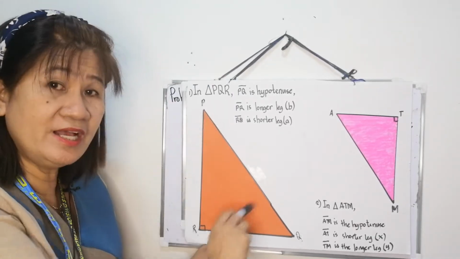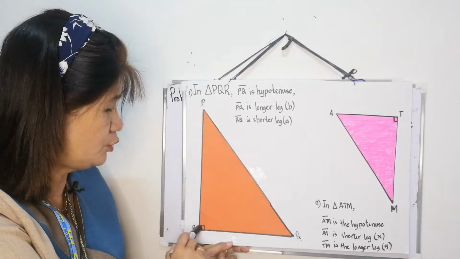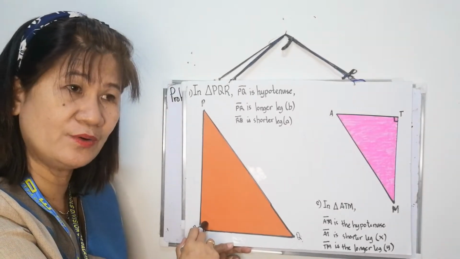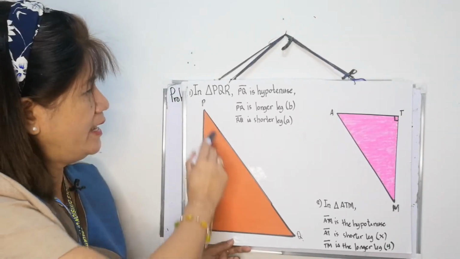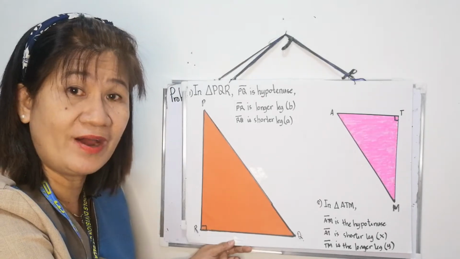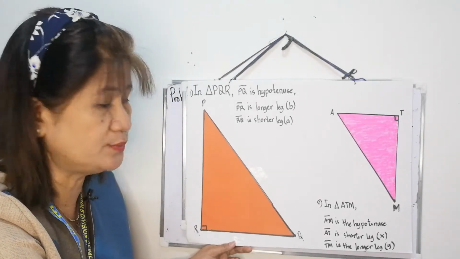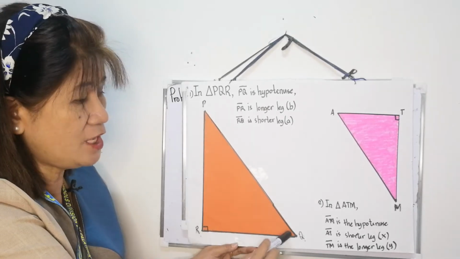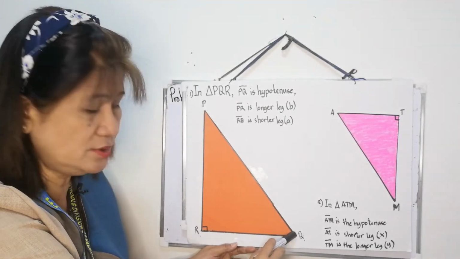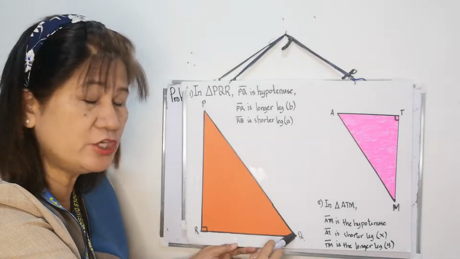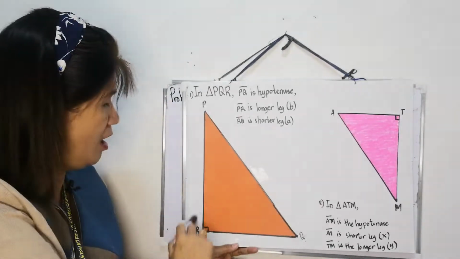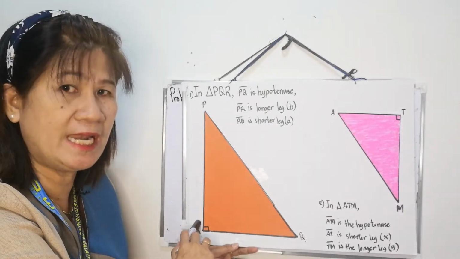So in a right triangle, if you remember, the two sides that form the right angle are called legs. And the longest side of a right triangle is the hypotenuse. So in this figure, line segment PQ is our hypotenuse, line segment RQ is our shorter leg, and line segment PR is our longer leg.